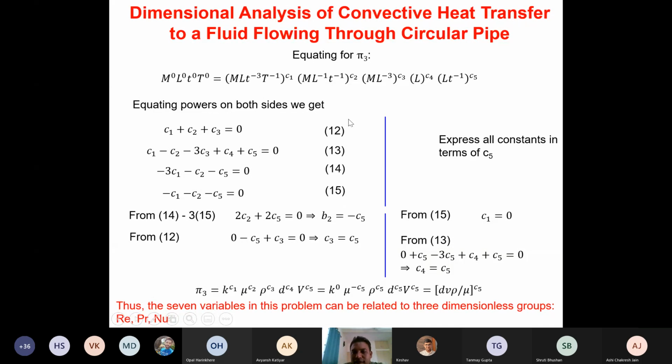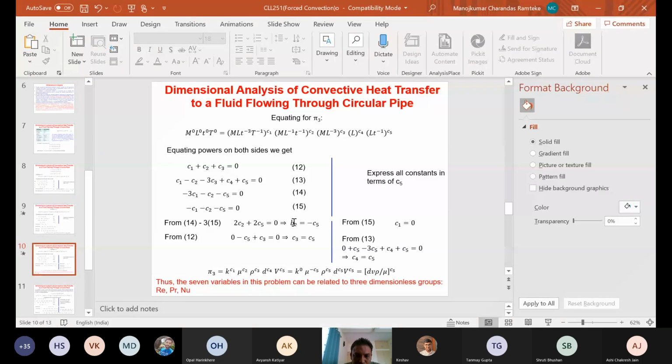These four equations are rearranged in order to obtain C1. Again, C1, C2, C3, C4 are obtained in terms of C5 because C5 is the exponent of the variable which is varying across the three equations pi1, pi2, pi3, isn't it? So we have obtained all C1, C2, C3, C4 in terms of C5 by rearranging these equations. So this is C2.